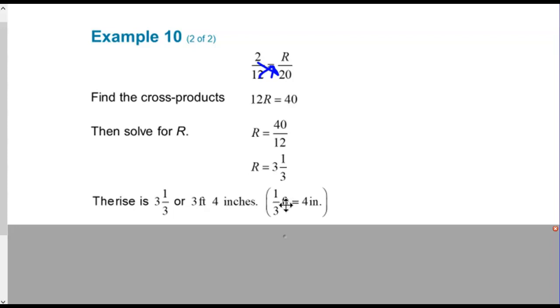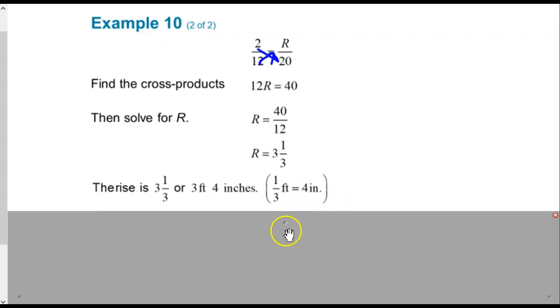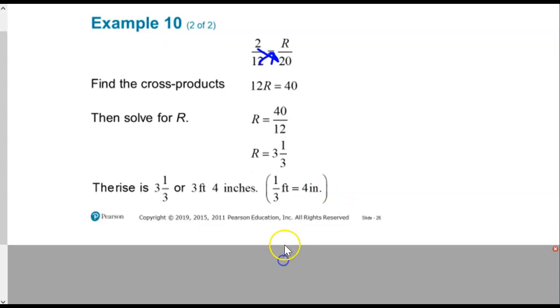So 3 feet and 4 inches. And so then you can say that that is the rise when you have a 2/12 pitch with a run of 20. All right.